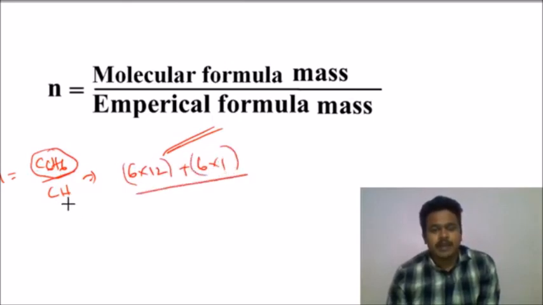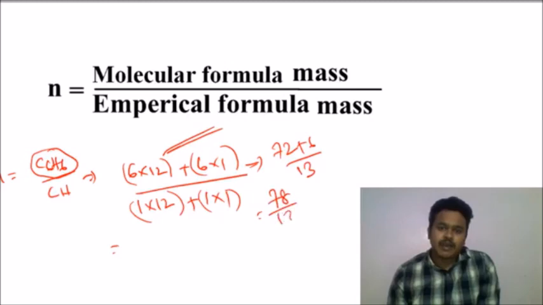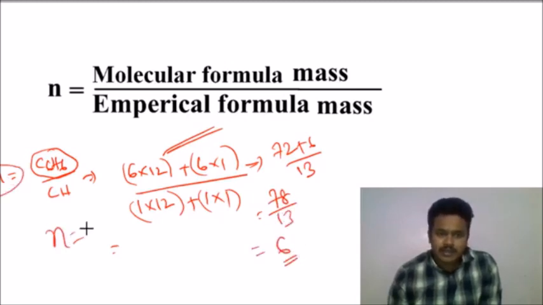By the empirical formula: 1 carbon, 1 into 12, plus 1 hydrogen, 1 into 1. So 12 into 6 is 72, plus 6, but here 12 plus 1 is 13. 78 by 13, how much is coming? 6. Here the n value will be 6.